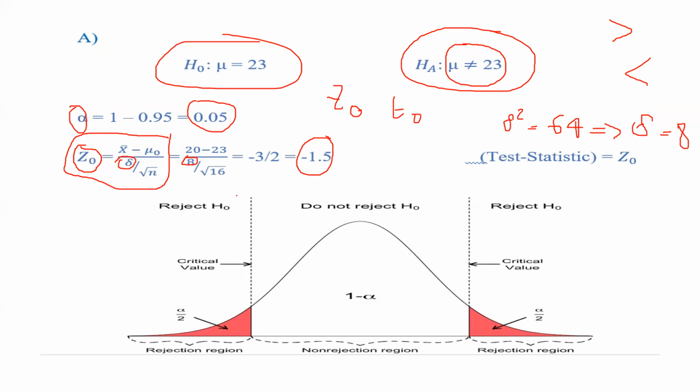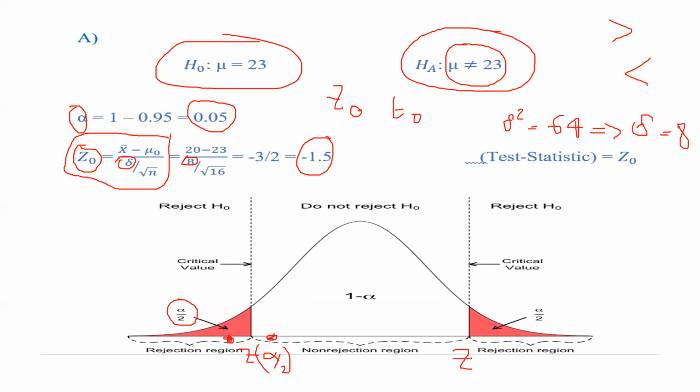So when you find Z0 equal to minus 1.5, is it here or is it here? That's why I should find Z alpha in order to find this value, so that's the final answer. So Z alpha over 2. Why over 2? Because we are dividing our rejection area in half, one on the right side, one on the left side.